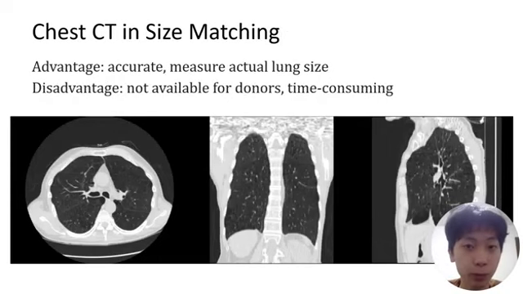In contrast to PTLC, chest CT scans can offer a three-dimensional view of lung volumes in real space and are considered the most accurate for lung volume measurement. However, unlike PTLC, which is accessible from donors and is easy to calculate, CT volumetric assessment is rarely available for donors and is more time-consuming to measure the lung volume.